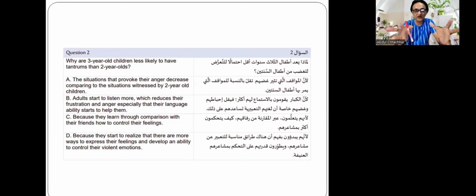This is the first logic we have to apply. Now just apply these terms on your children. Your son, daughter, or nephew. Who is more frustrated, the younger one or the older one?